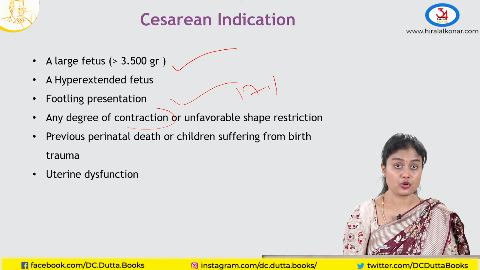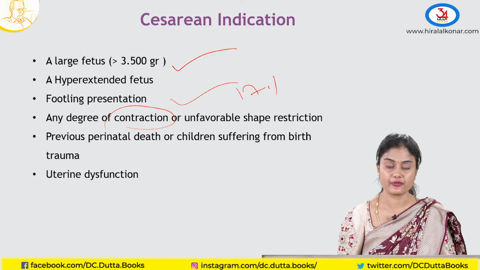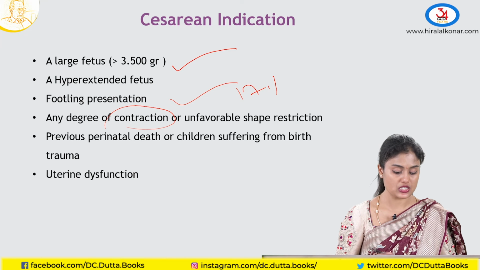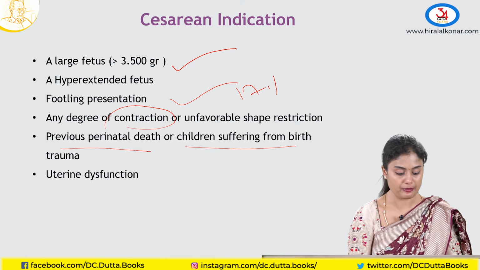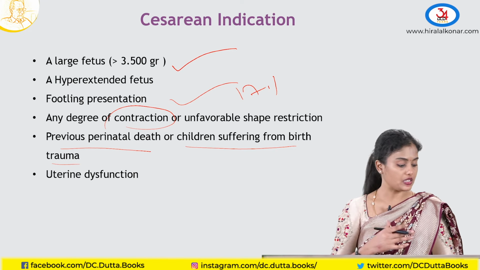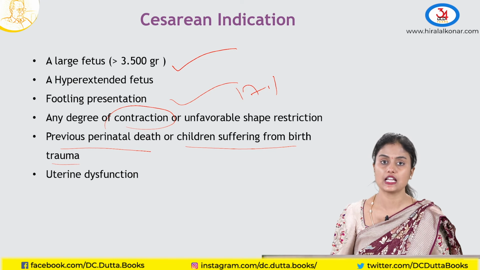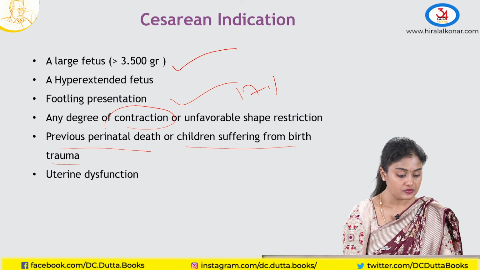Like a platypelloid pelvis, we would not prefer, and if a contracted pelvis is there, we would not prefer vaginal breech delivery, we would directly take for cesarean delivery. Previous perinatal death or child suffering from birth trauma. Okay, all because breech delivery itself can cause a lot of birth trauma, asphyxia to the fetus, injury to the long bones and soft tissues, so we would preferably not be doing it.